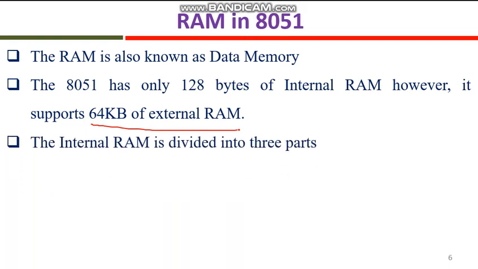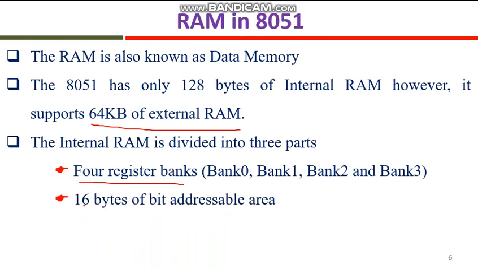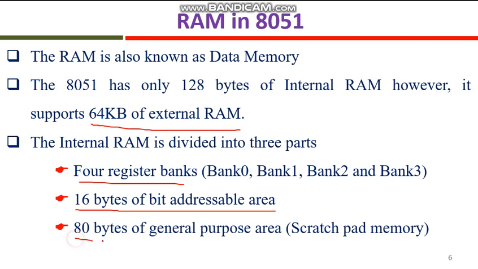This RAM is divided into 3 parts. One part is for 4 register banks: bank 0, bank 1, bank 2 and bank 3. 16 bytes are bit addressable and 80 bytes of RAM are treated as general purpose area or scratch pad memory.